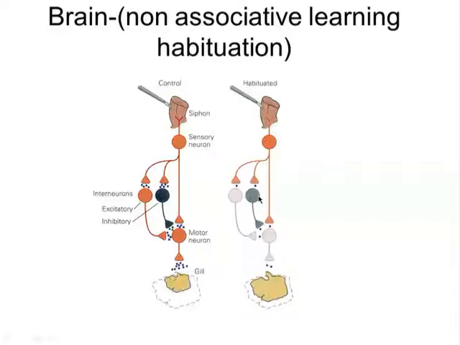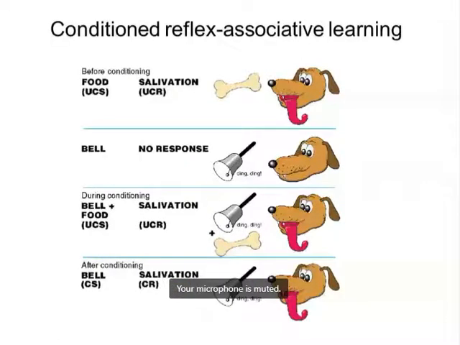Yes, sir. Okay. Now about associative learning. Associative learning means two stimuli are there simultaneously. Food is there, salivation is there. Unconditioned stimulus, unconditioned reflex.